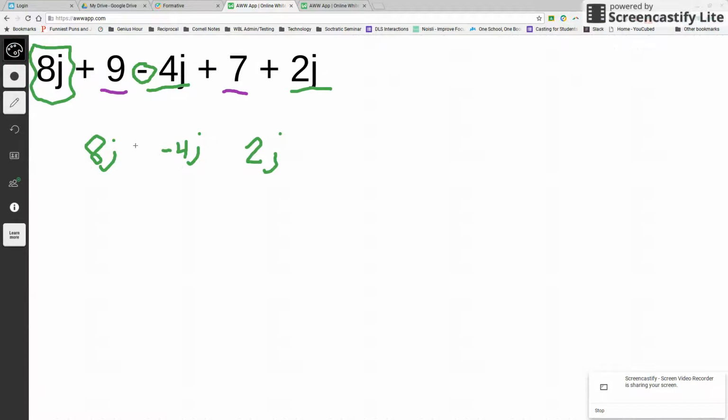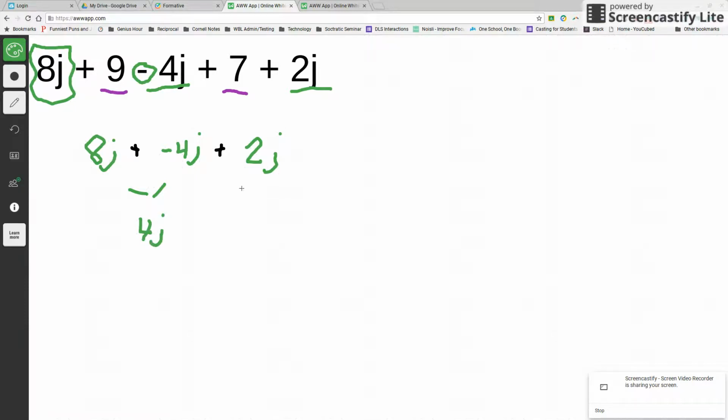Now I'm going to combine these all together. I'm going to add these 3 numbers together. First I've got 8j plus a negative 4j. If we add a negative number, it's the same as subtracting it. So 8 plus negative 4j would give me just 4j.